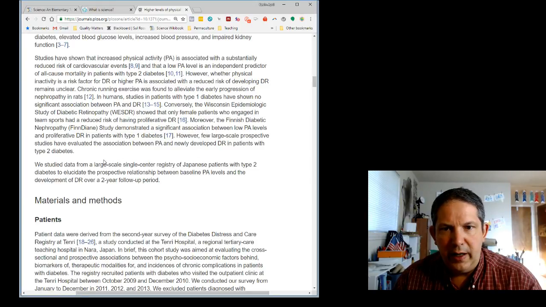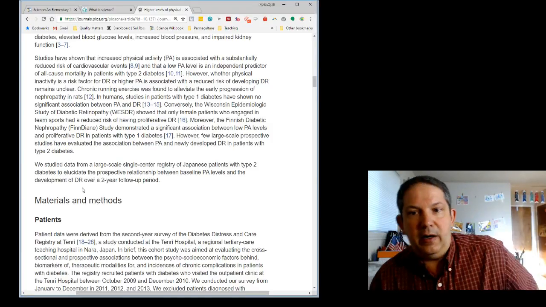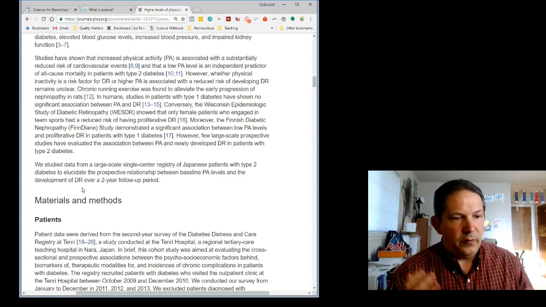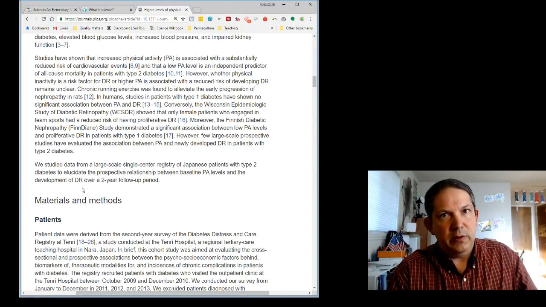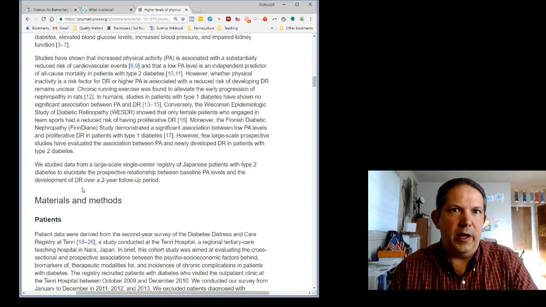We studied data from a large-scale, single-center registry of Japanese patients with type 2 diabetes to elucidate the prospective relationship between baseline physical activity levels and the development of diabetes retinopathy over a 2-year follow-up period. So that's it. That's what they've got. Their question is, what's the association for people who already have diabetes between physical activity and diabetes retinopathy?